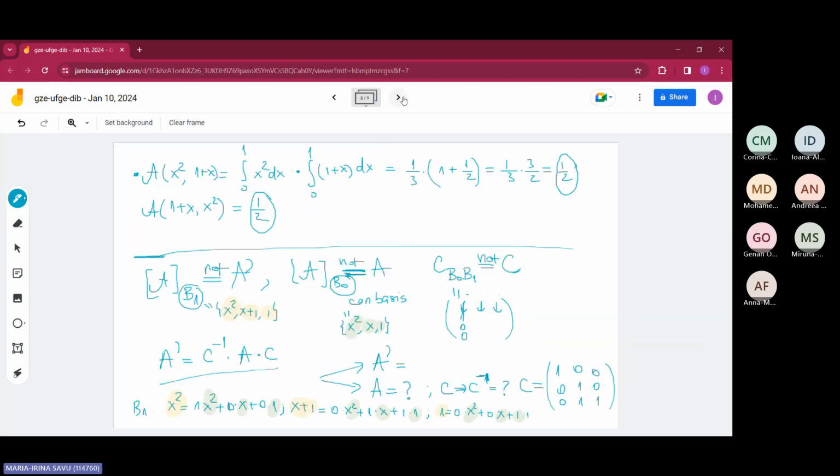Or if you want to find the matrix in the canonical basis first, you have to use these elements, x squared, x, 1, to find each combination of 2 by 2 elements, and then you get the matrix with respect to the canonical basis, which is this capital A. And then you write the matrix C from B0 to B1.